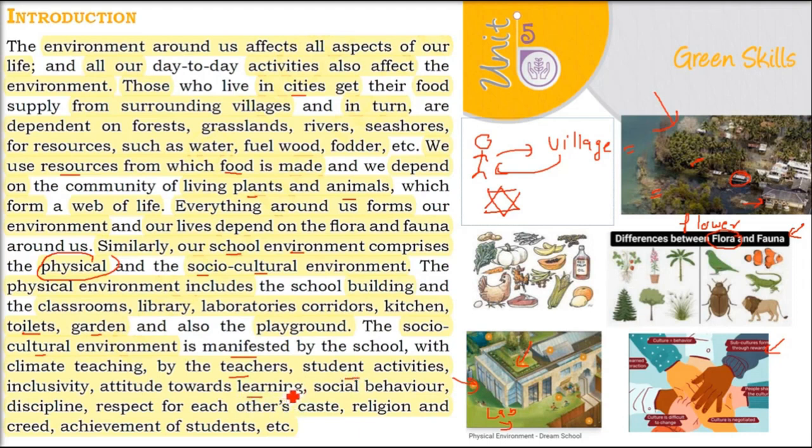Student activities, the learning attitude, the social behavior, the discipline of the kids, and how they follow rules and regulations, how they look at the caste, religion, and creed of other persons, and what the achievements of students are. So let me tell you again, in a school environment, we have two environments, physical and socio-cultural.